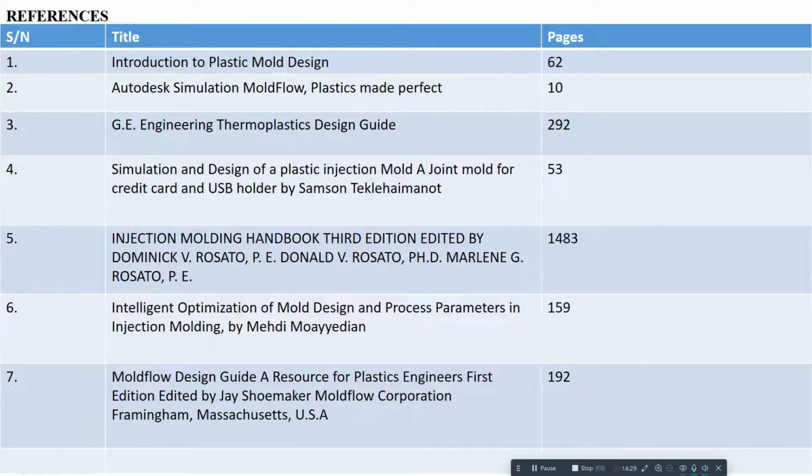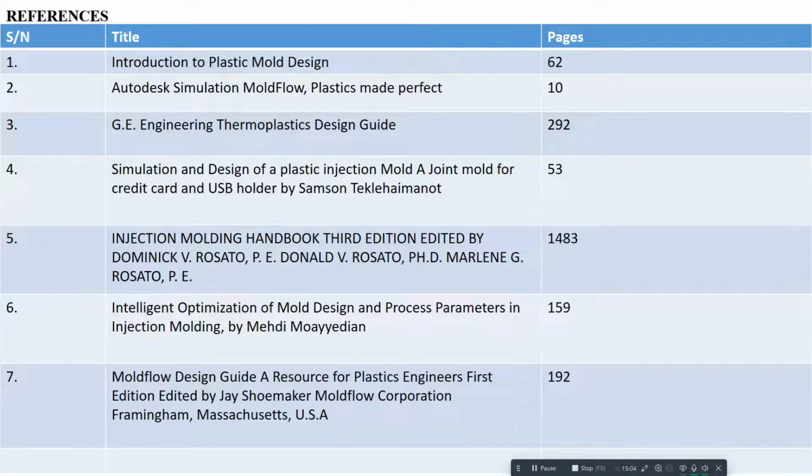Alright, so here are our references. You have the Introduction to Plastic Moldflow Design, 62 pages. You can also Google it to get access to that particular book. Then you have the Autodesk Simulation Moldflow Plastics Made Perfect, about 10 pages. The GE Engineering Thermoplastics Design Guide is about 292 pages. Then you have Simulation and Design of a Plastic Injection Mold, a joint mold for credit card and USB holder, by Samsung Telecamos.